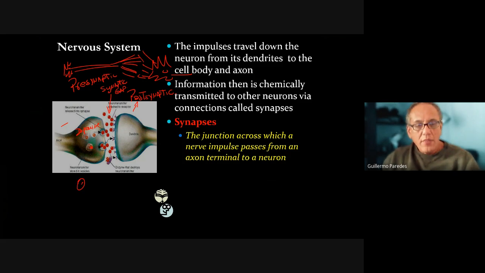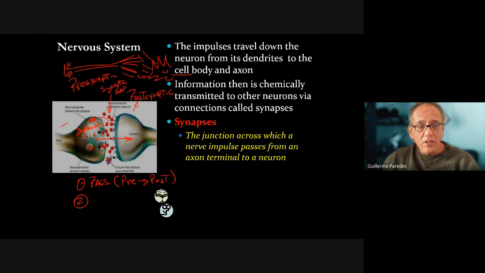Number one, they are going to pass directly from the presynaptic to the postsynaptic. Number two, what is the second thing happening in all neurotransmitters? Some neurotransmitters are going to be in the synaptic gap and they are going to return.